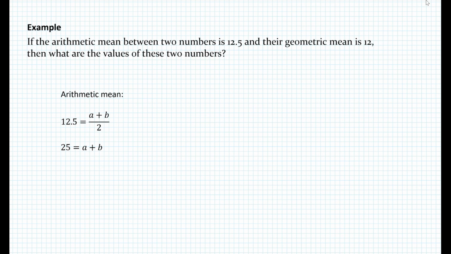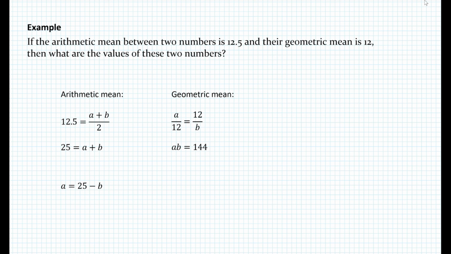There's not much we can do at this point other than expressing the equation for the geometric mean. So here we have a over 12 is equal to 12 over b for the geometric mean, which means that ab is equal to 144. At this point, we have two equations and two unknowns, and we can definitely solve this problem. A simple way to proceed is to solve for a in the first equation, that a is equal to 25 minus b.